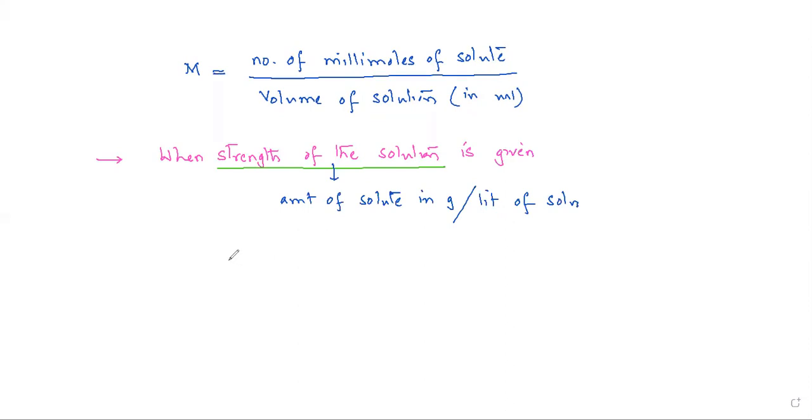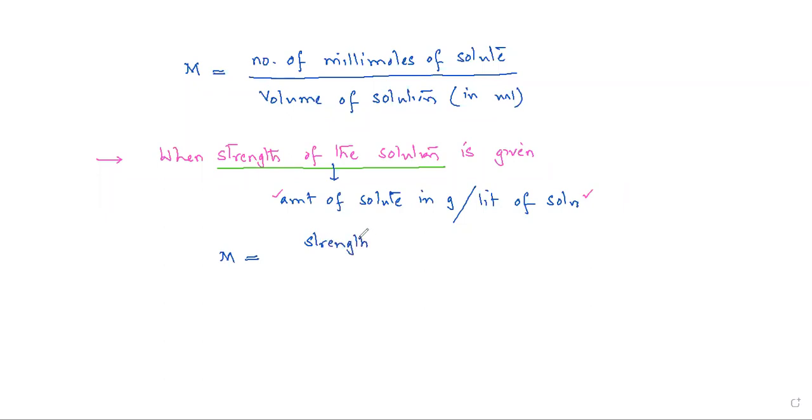When this is given, molarity can be calculated. See, you got weight of the solute, which is already in the denominator of the molarity expression. Now, volume of the solution in liters is also there. So the thing that is left out is only the gram molecular weight of the solute, right? Let us consider that.